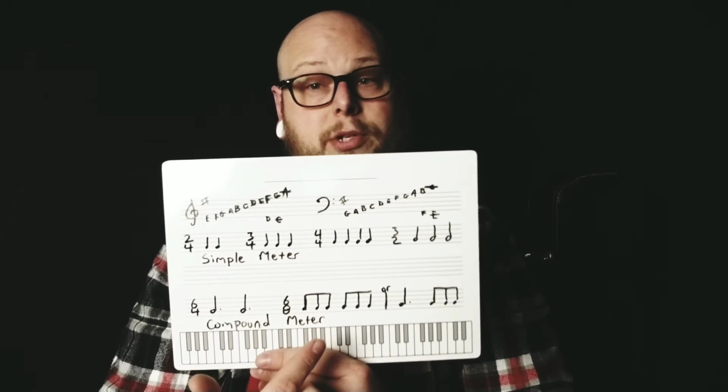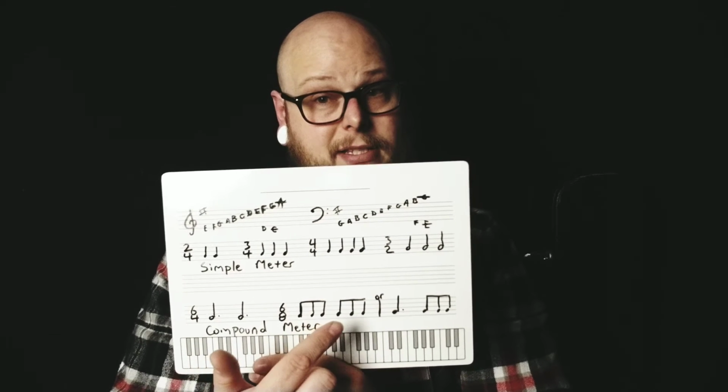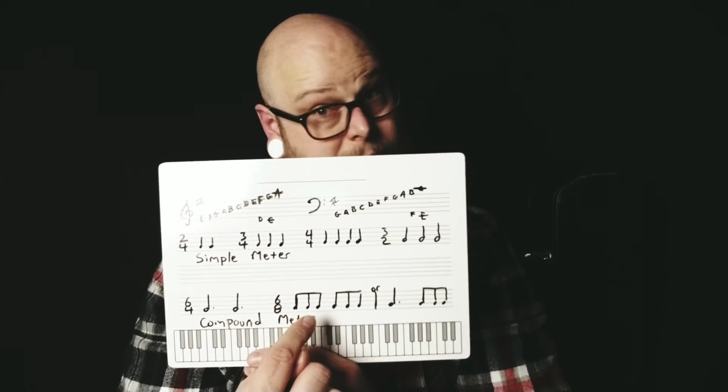Now over here, we've got 6/8, which you would count these eighth notes the same way. Now notice this. We talked about how a quarter note's written, how a half note's written. Eighth notes are written like this. They have a solid head and a stem, and they have a bar connecting them to another one, or there's another way you can write them. We'll get to that in the future.